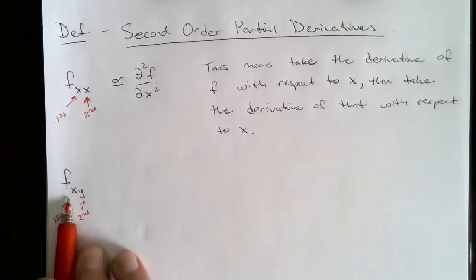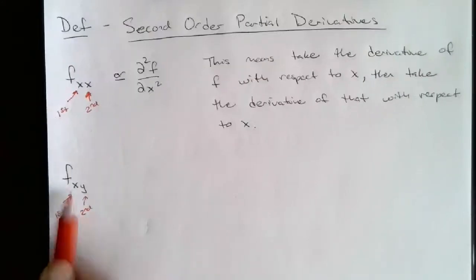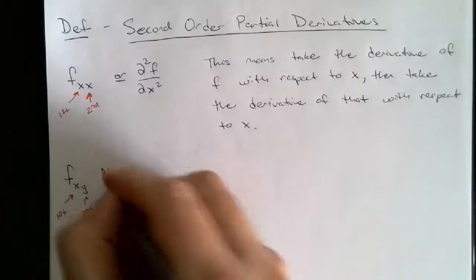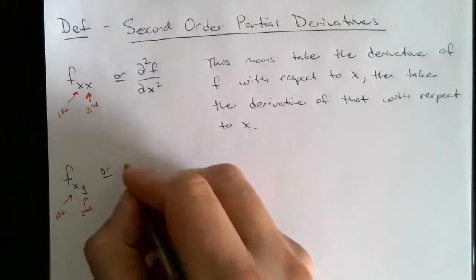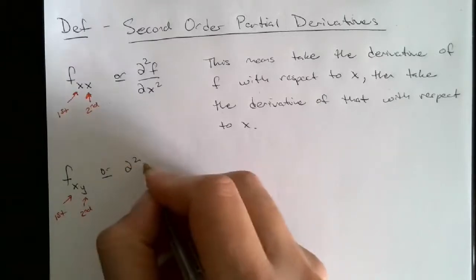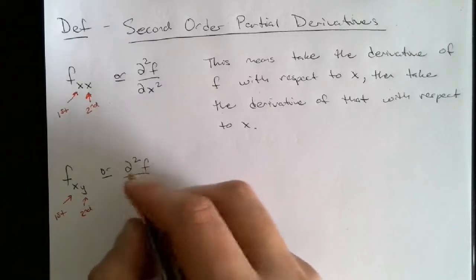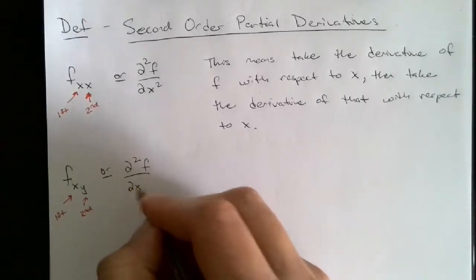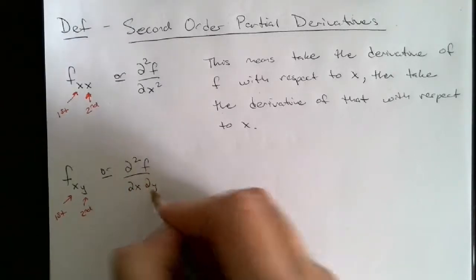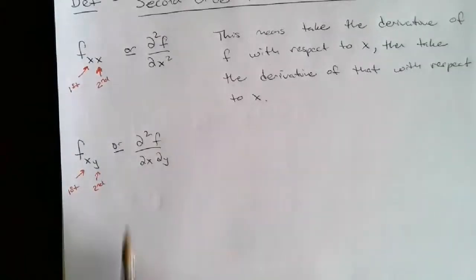So you do the first derivative with respect to x, and then the second partial derivative with respect to y from that. The notation for this in Leibniz notation would be the curly d with the 2 superscript, the second derivative of f, with respect to x and then with respect to y. I'm not going to write out the whole definition. I think you understand the idea.